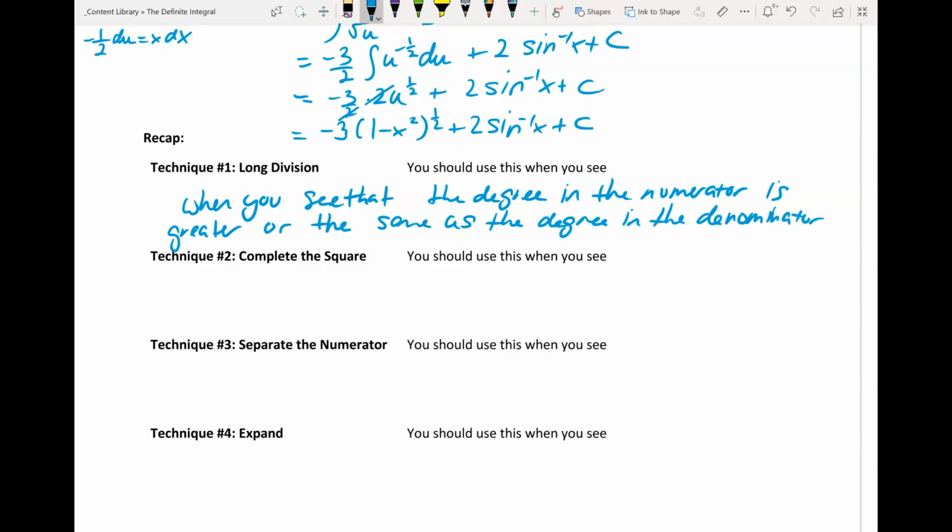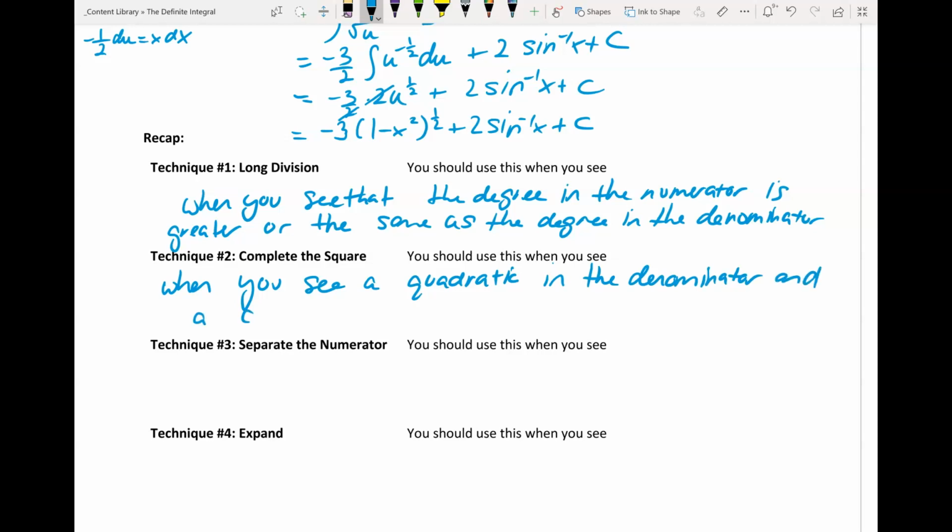You want to complete the square when you see a quadratic in the denominator and a constant in the numerator.